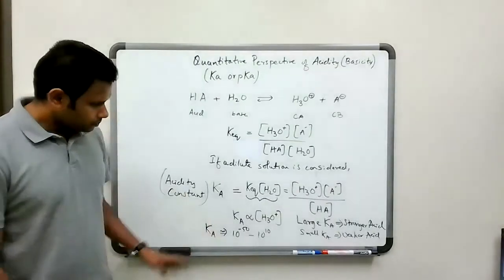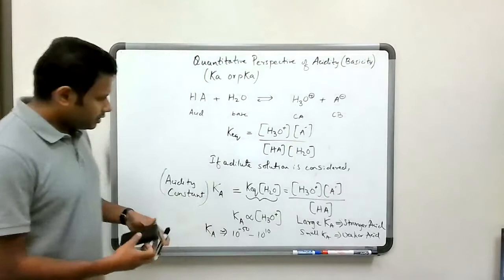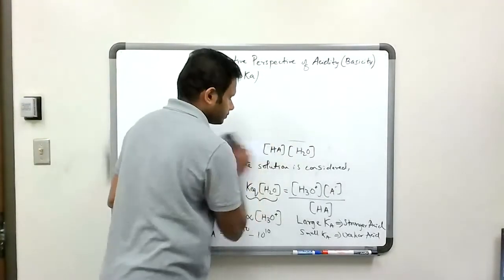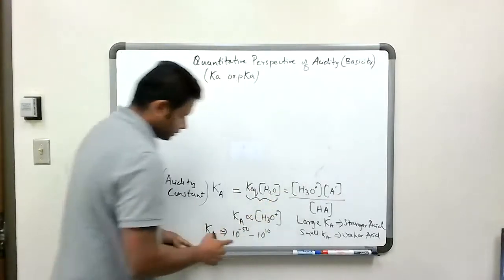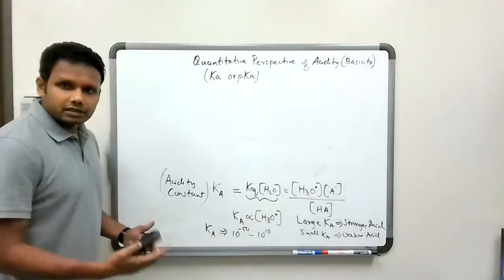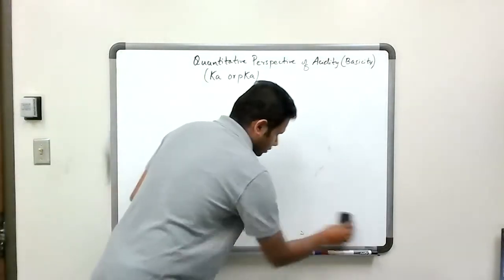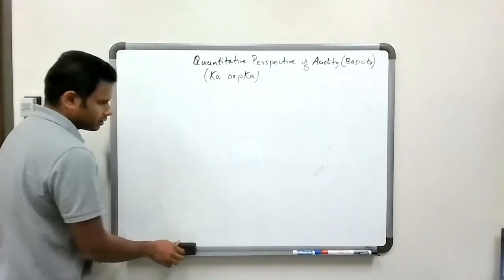Now, whenever we consider this Ka scale, you're looking at all of these exponents, so it complicates things a lot. So we are going to simplify this a little bit.